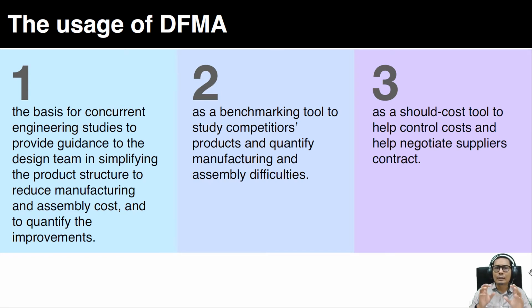You can see that when you are designing a product, you will have a design team to simplify the product structure, and at the same time you have to think about how to reduce the manufacturing and assembly costs, and also to quantify any improvements that you suggest or want to implement in the product's design itself.